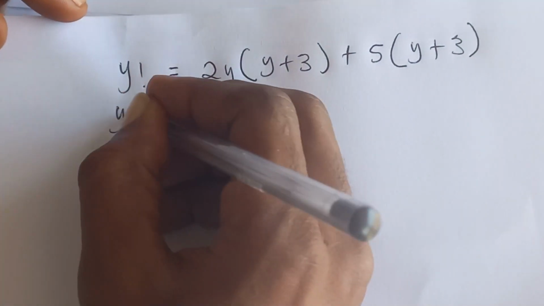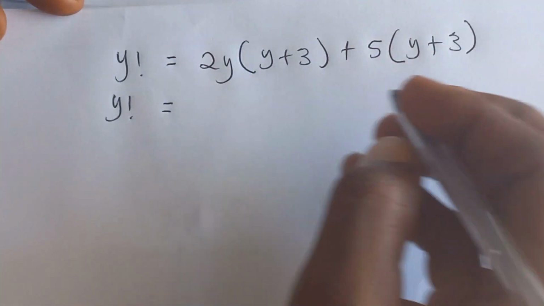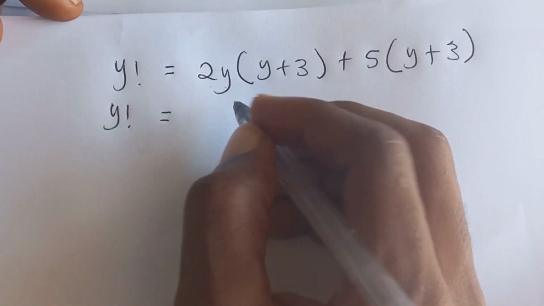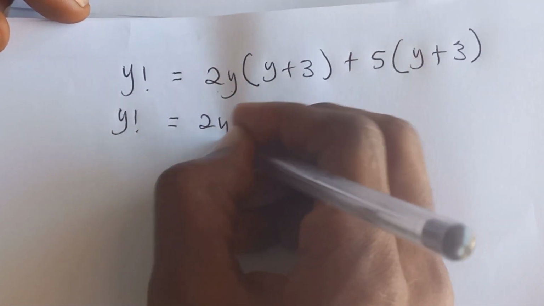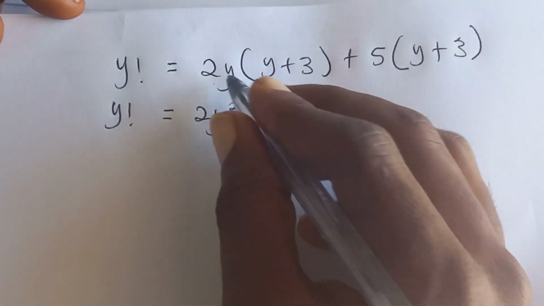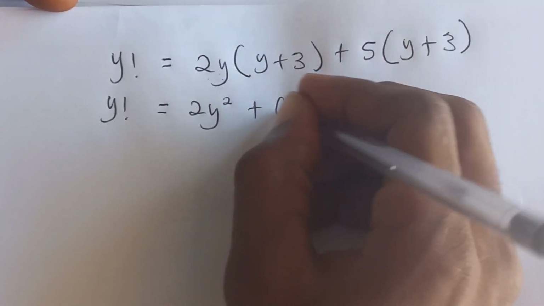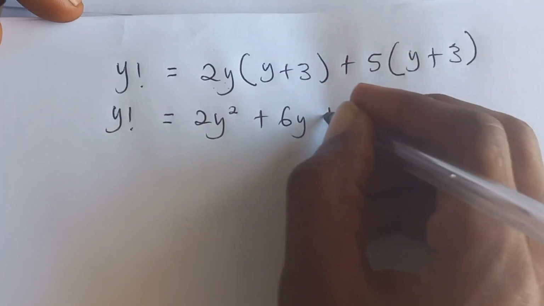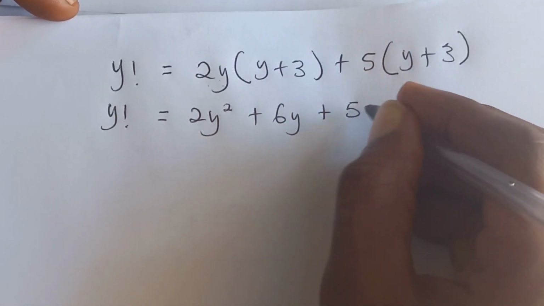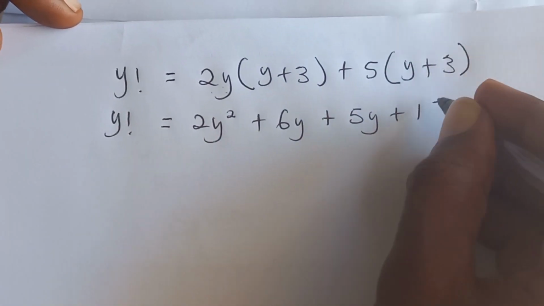So y factorial is equal to 2y times y, we have 2y^2, and this and this give plus 6y plus 5y plus 15.